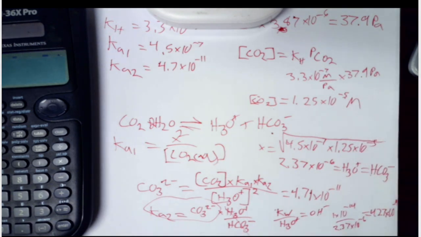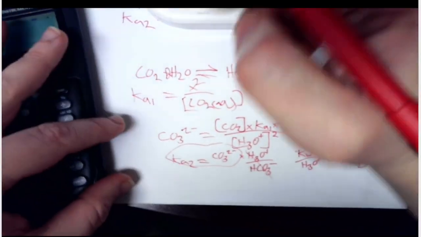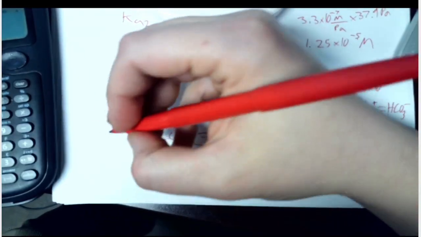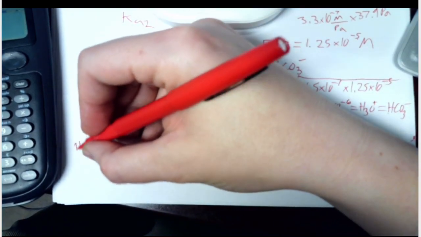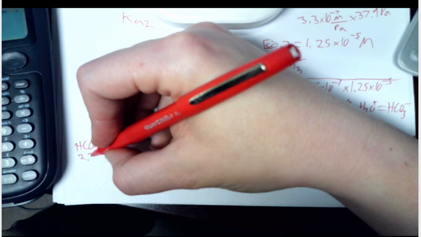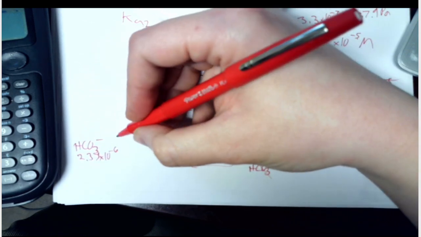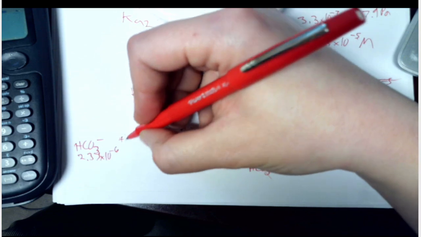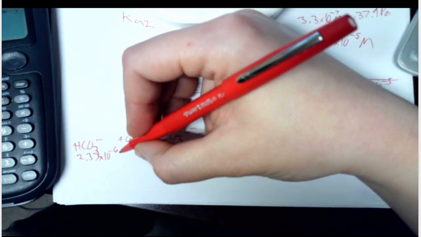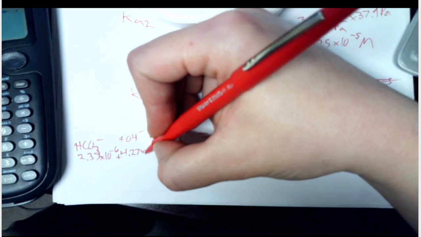If I'm trying to calculate all of my alkalinity here, we're going to have the effect from hydrogen carbonate, which is 2.37 times 10 to the negative 6th. We're going to have our OH minus of 4.27 times 10 to the negative 9th.